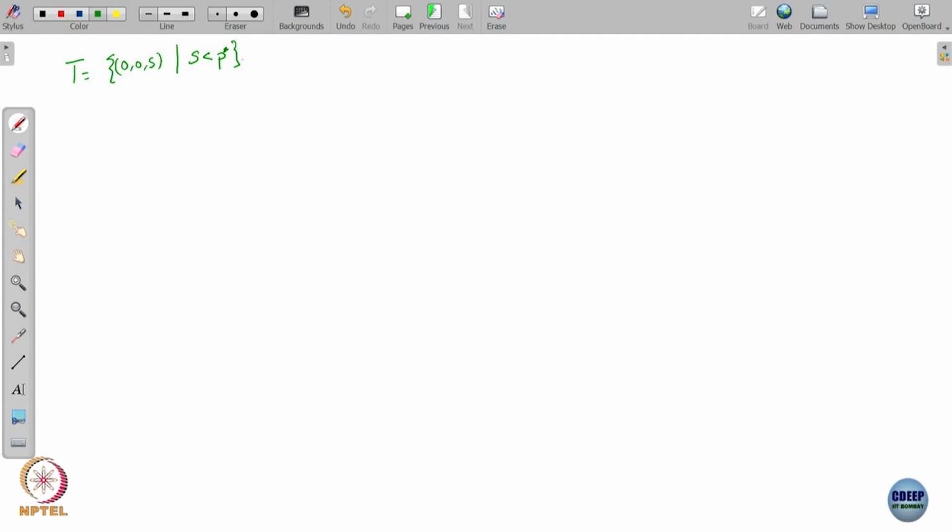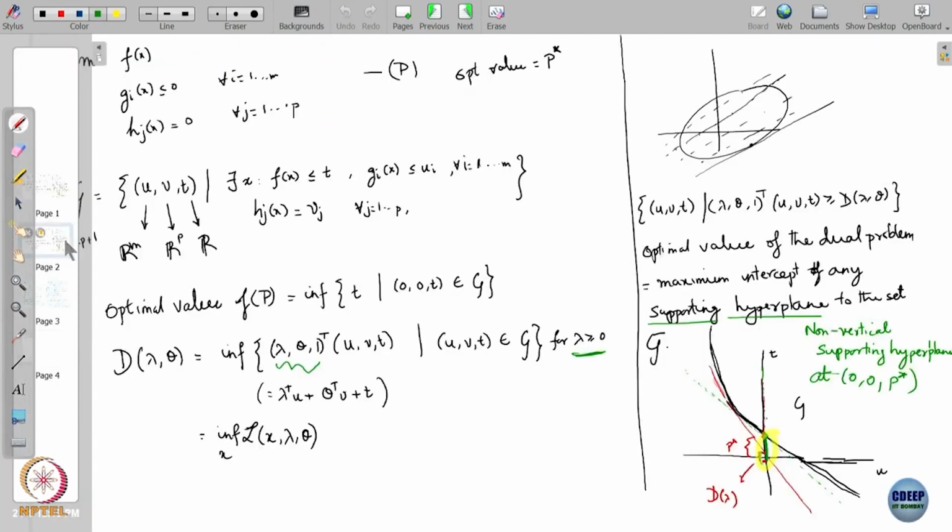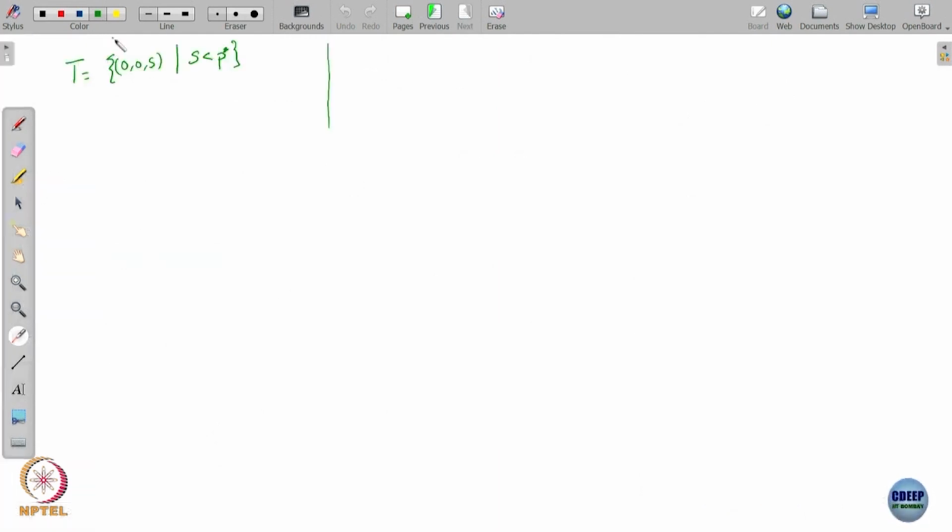Going back to the figure I had drawn, it is a segment that starts from minus infinity and goes all the way up to p star, but does not quite touch p star, so it is open at p star. This is obviously a convex set.